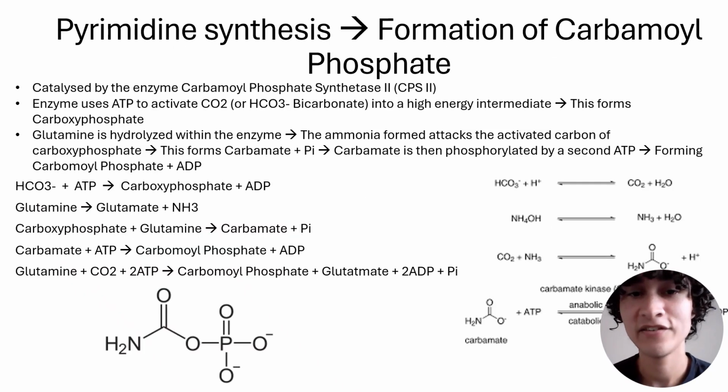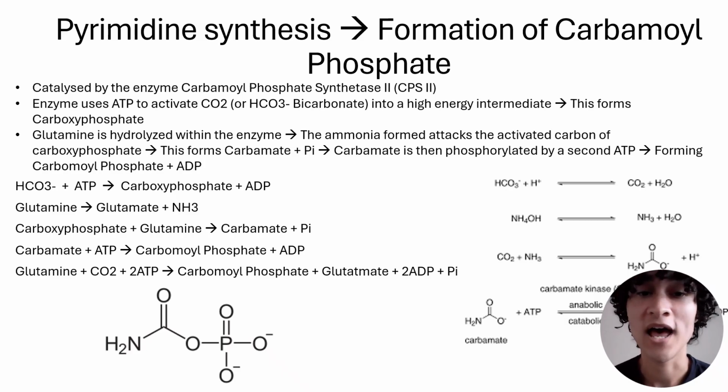This step tends to trip people up a lot because there are a few chemical equations you have to remember to understand what's going on mechanistically, but I've got them all down here for everybody's benefit. So the first step of pyrimidine synthesis is the formation of your carbamoyl phosphate. As I said, this is catalyzed by the enzyme carbamoyl phosphate synthetase, which is the first domain of the trifunctional CAD protein complex.